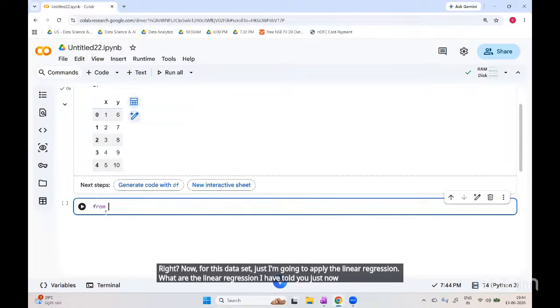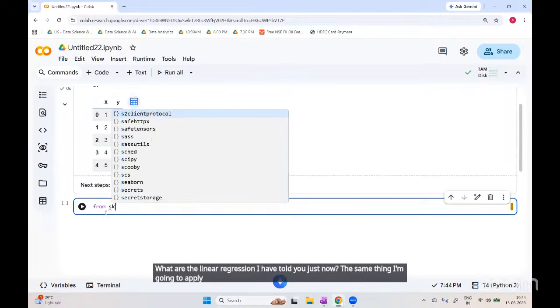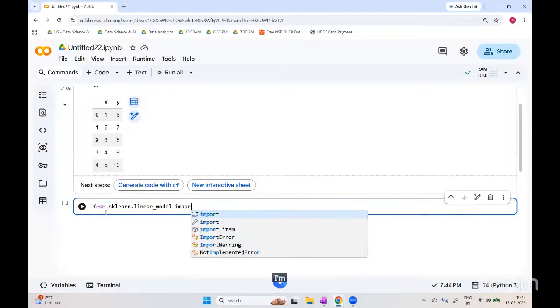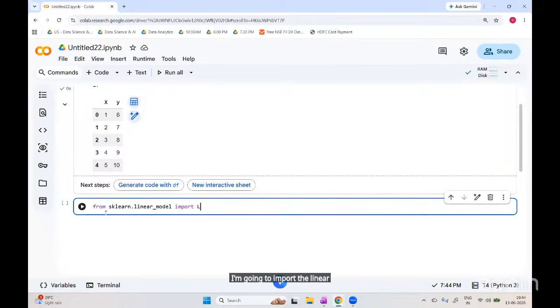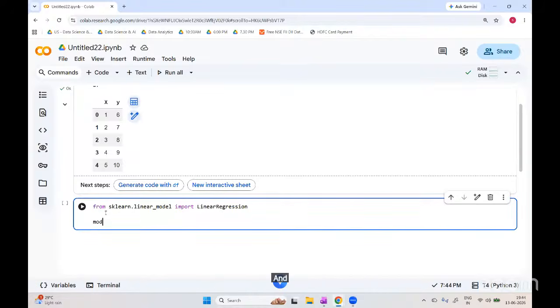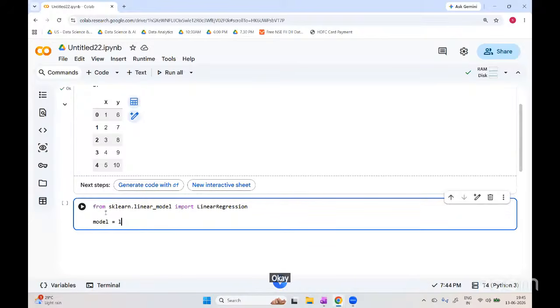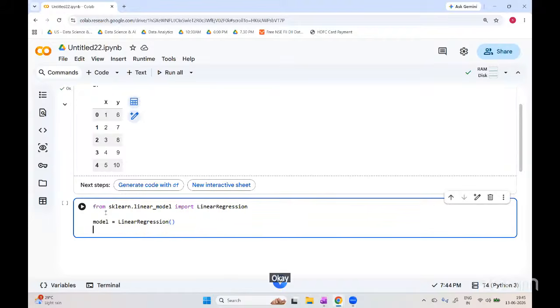From sklearn.linear_model, I'm going to import LinearRegression. And I'm writing that as model. Model is equal to LinearRegression().